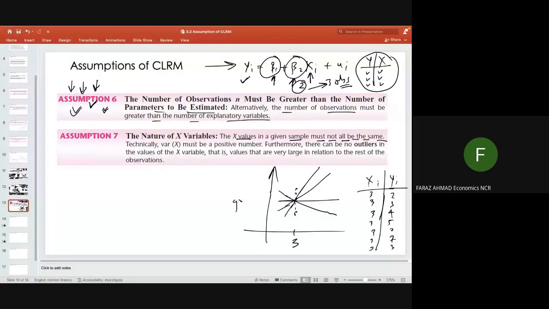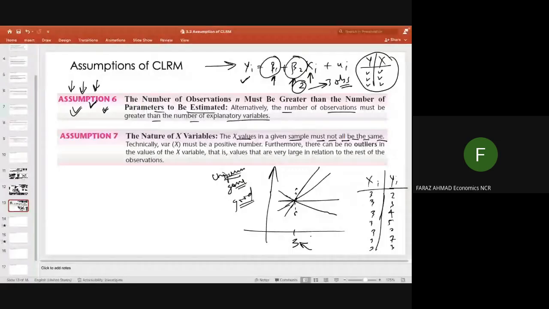Doesn't make sense. Any of these lines is a good line. All of these lines are good lines. So the uniqueness of the line is gone, because there are many lines possible if the value of x is fixed at 3. So regression does not make sense. That's why the assumption is there that the x values must not all be the same.